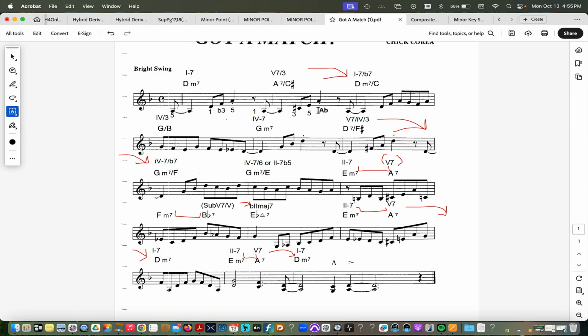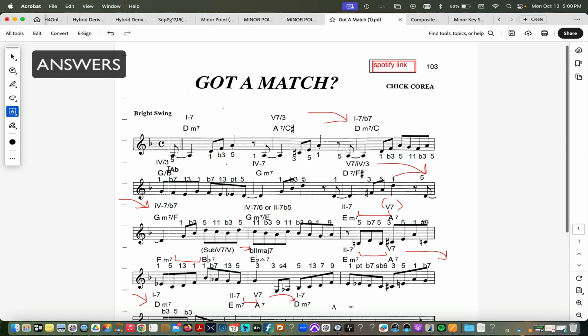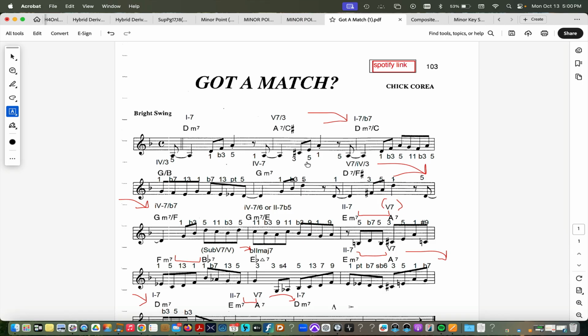So I want you to pause the video again, and then analyze all the melody notes, and then restart the video. Okay, we're back. So 5, 1, flat 3, 5, 1, 3, 5, 1, 5, 1, flat 3, 5, 1. Right, we're doing chord scale labeling.